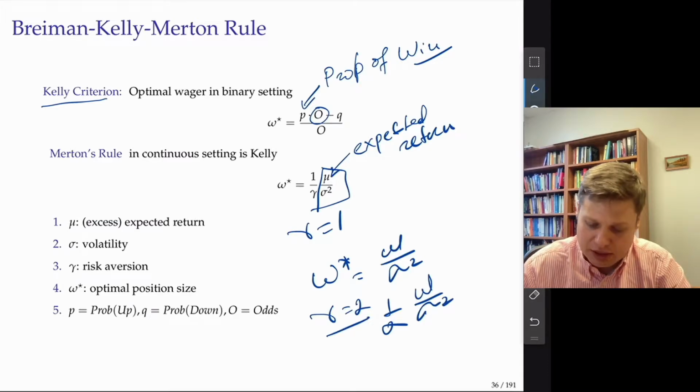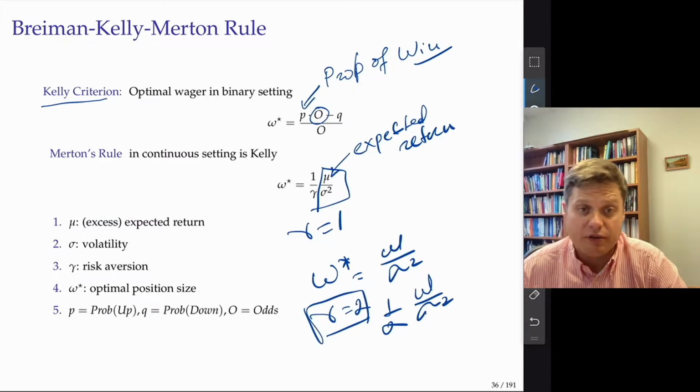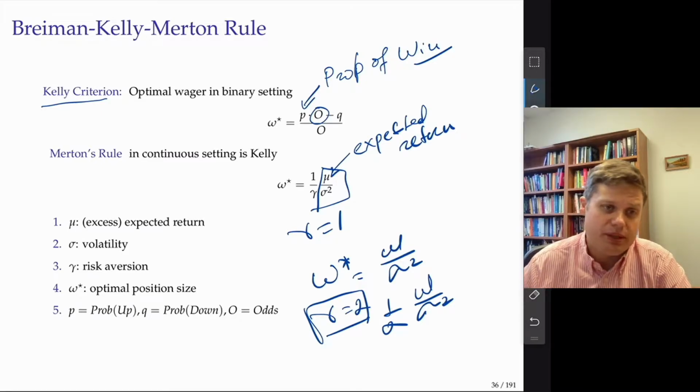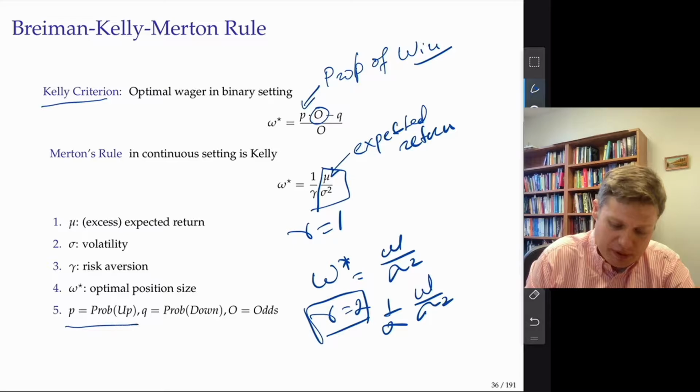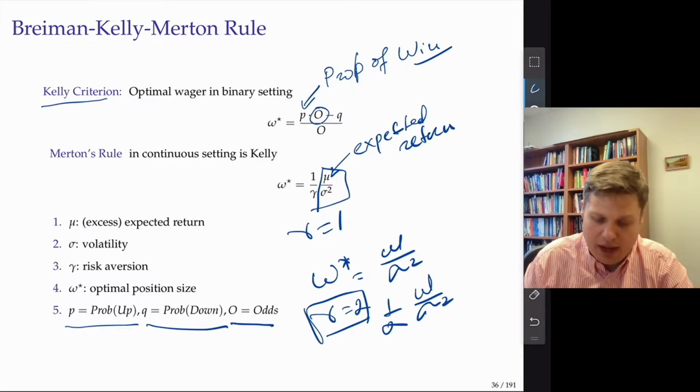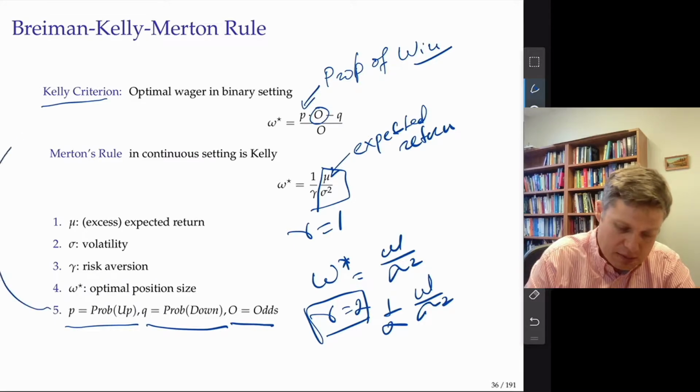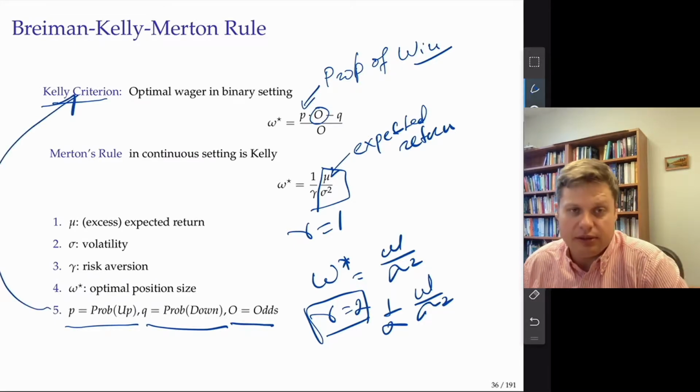So the larger the gamma, the more risk averse you are. And then again, omega star is the optimal betting size, and then you have two probabilities here. p is the probability that the market goes up, and q the probability the market goes down, and o is the odds offered by the market. So this applies to the Kelly criterion calculations.